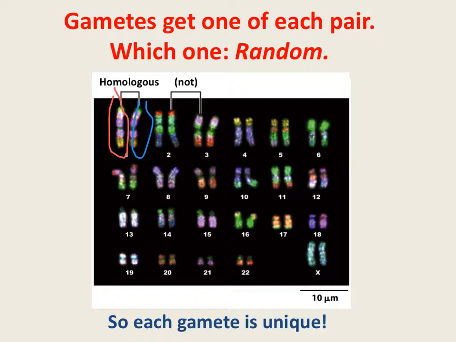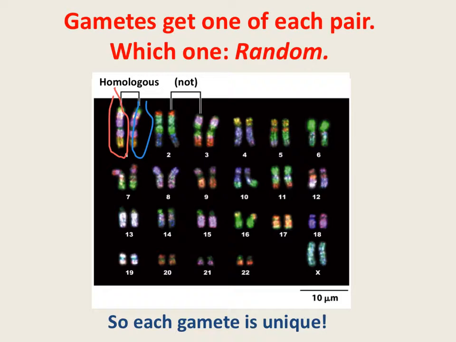Which one does the offspring get? I mean, does the, let's say, sperm or egg get? Well, it's random. It depends on where they line up on the metaphase plate during meiosis 2, and as they split apart, some are going to get mom's chromosomes, some are going to get dad's.